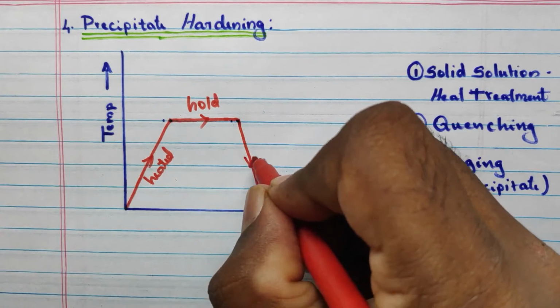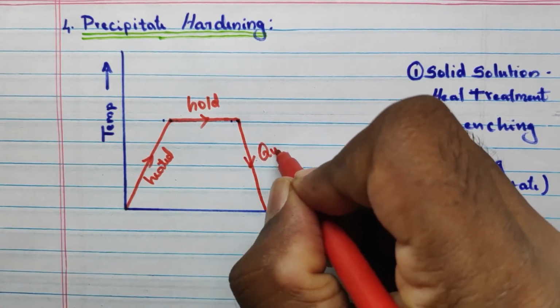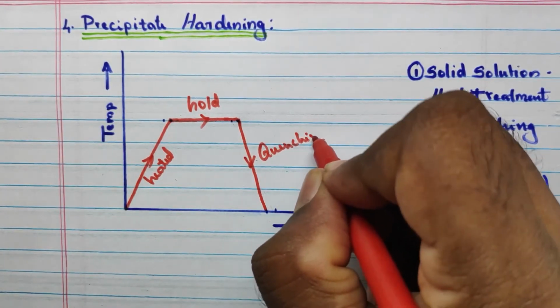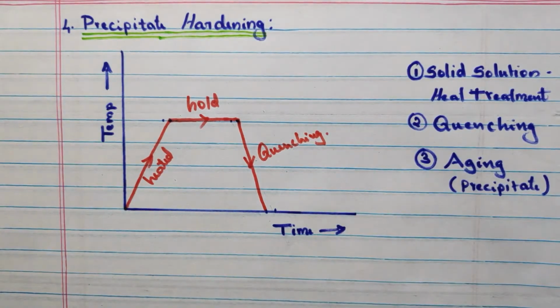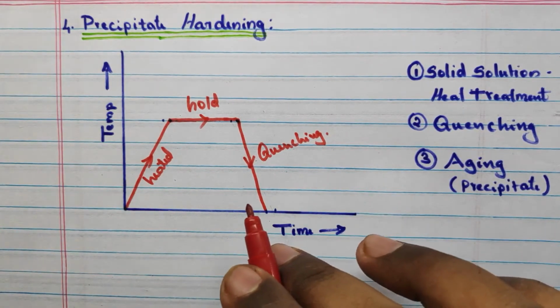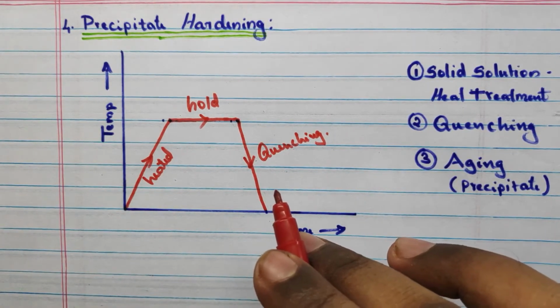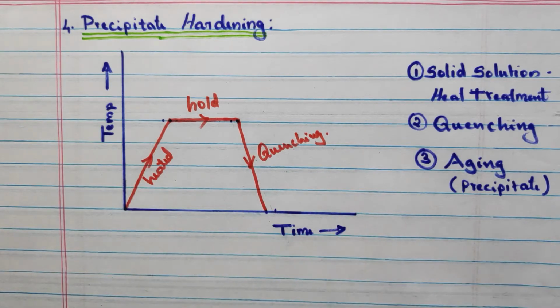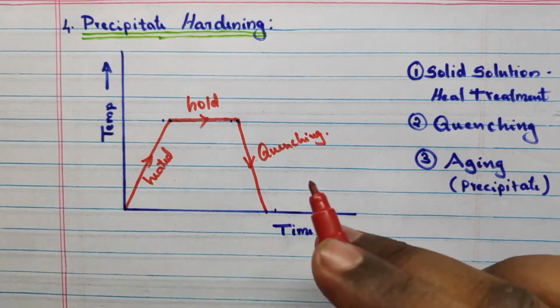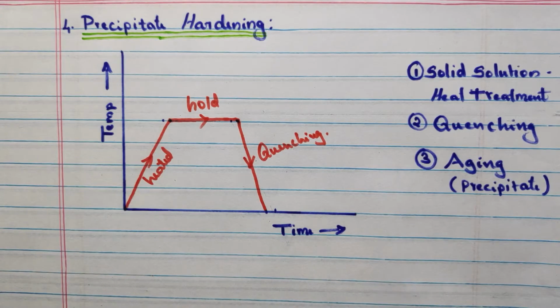This is the process we call quenching. So don't think that after the quenching process our process has been completed. Hereafter only we move to the main process, which will increase the properties of the material.